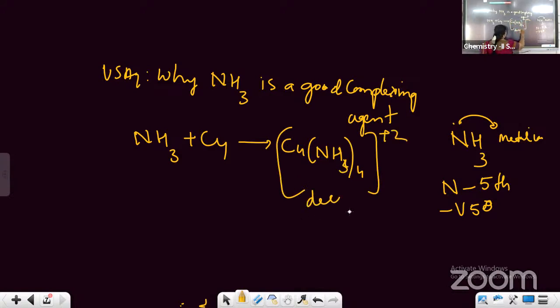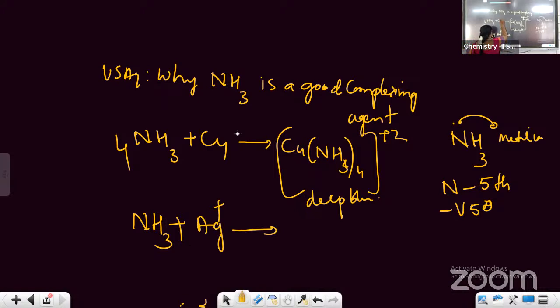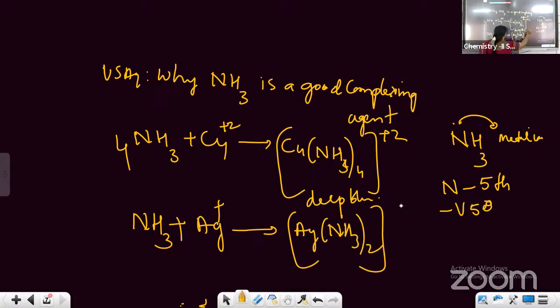We have seen one more complex with silver also. Ammonia reacts with silver ions to give Ag(NH3)2 plus.